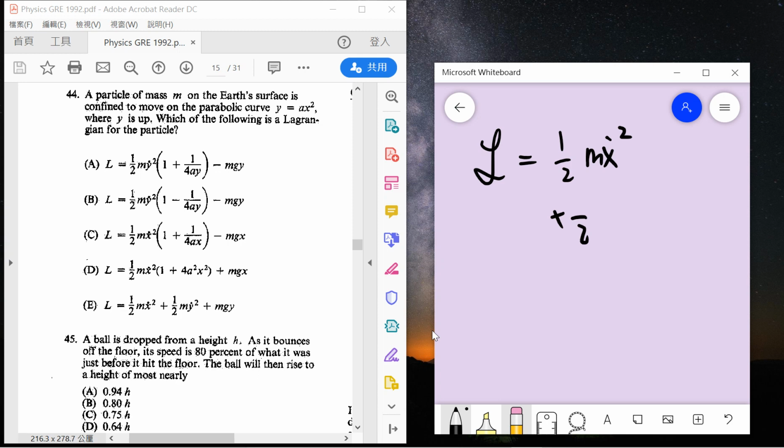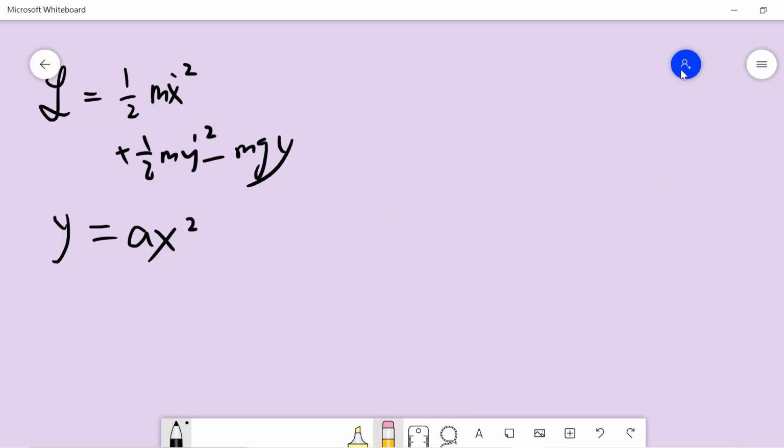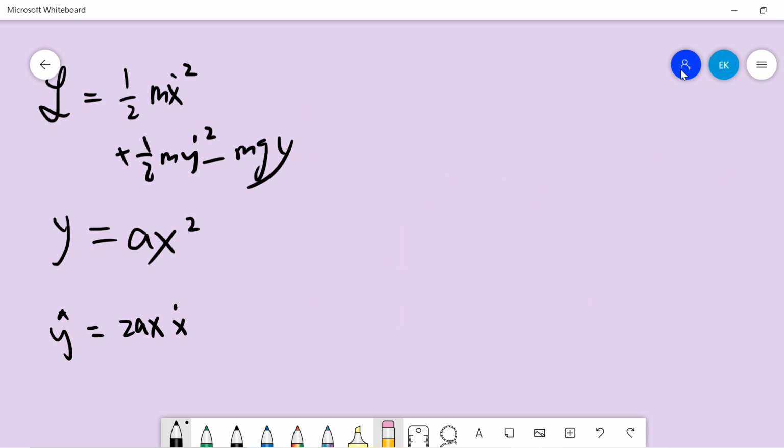So this is the form we have, and then we have y equals a x squared. So this tells us y dot is 2 a x x dot. So this one can be written as y dot. I should, this is too fast.